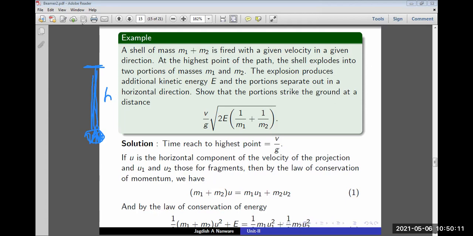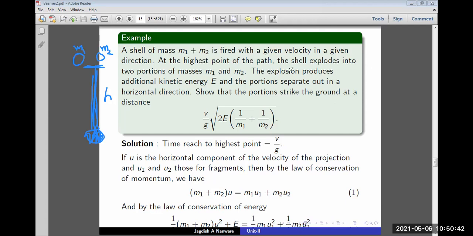And after this height, it explodes. So explosion took place, and the explosion splits it into two parts. So this is the part whose mass is m1, and the other part is this whose mass is m2.